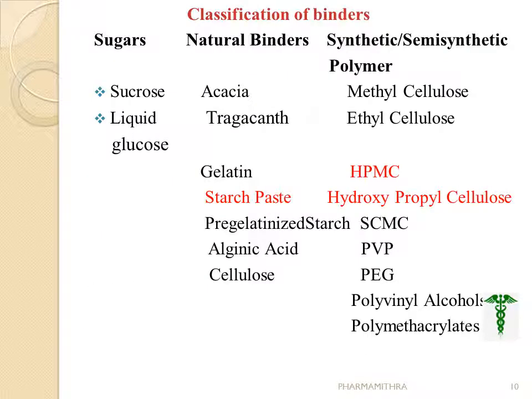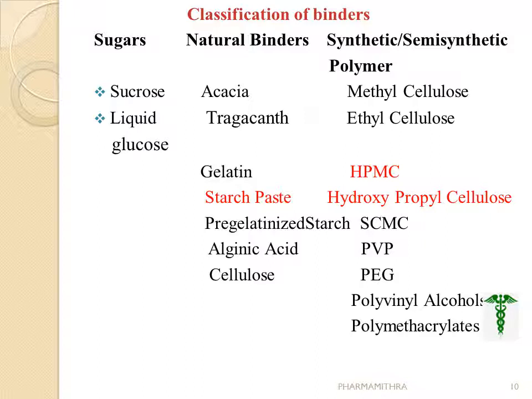These are the examples of binders, starting with sucrose. This slide gives you the sugar content. The natural binders are available in the sugar category, also the synthetic and semi-synthetic polymers. Because these binders may come across during your formulation, you may get confused about what a sugar moiety is, so I just included that.